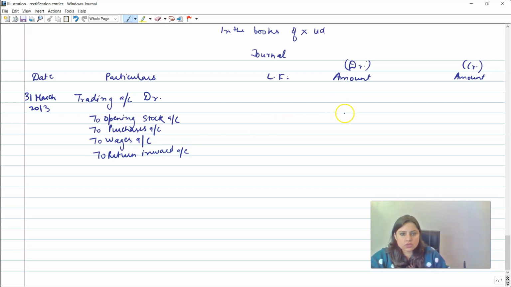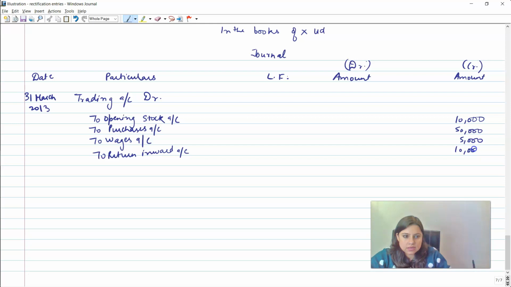So what is the total? The amount that is being credited is opening stock, 10,000. Then we have the purchases, which amount to 50,000. Then we have again the wages, which is 5,000, and return inward, which amounts to 10,000.